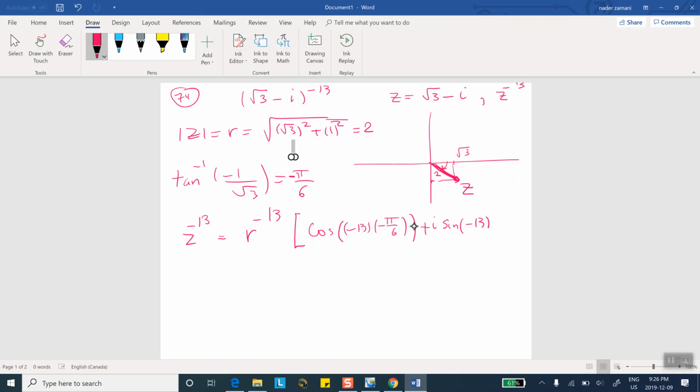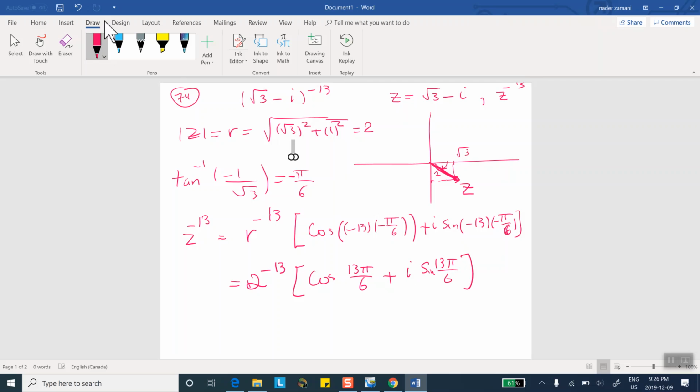Remember, it's n times theta. n is minus 13, fine, and theta is minus pi over 6. So this is 2 to the power minus 13 times cosine of 13 pi over 6, plus i sine of 13 pi over 6.